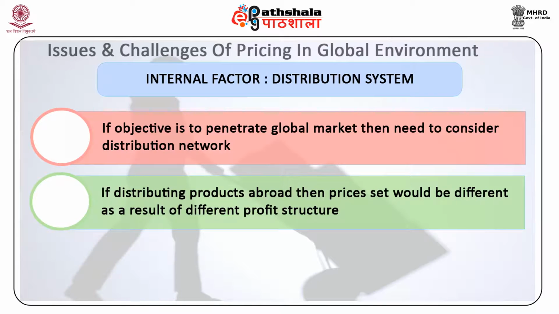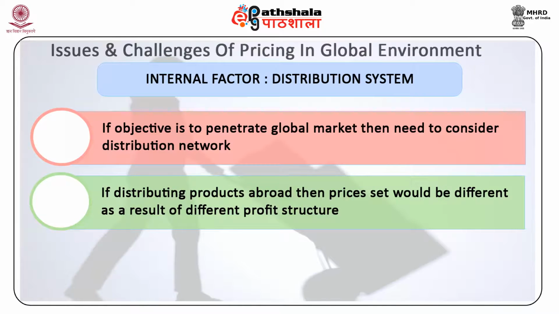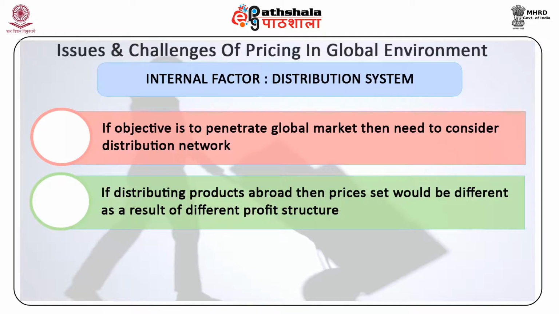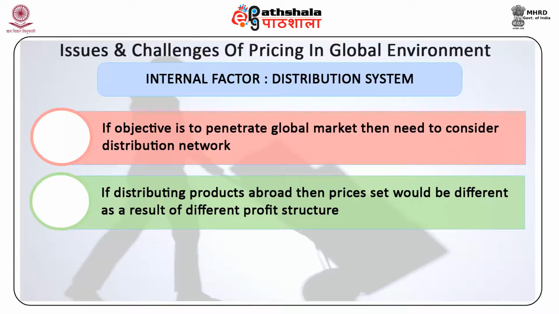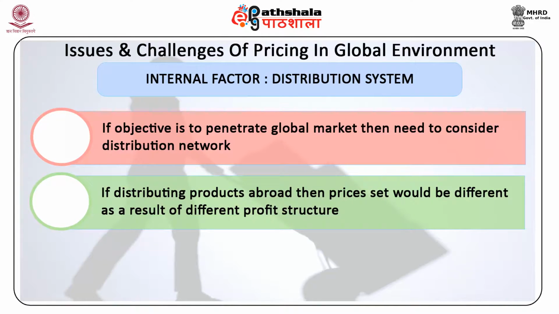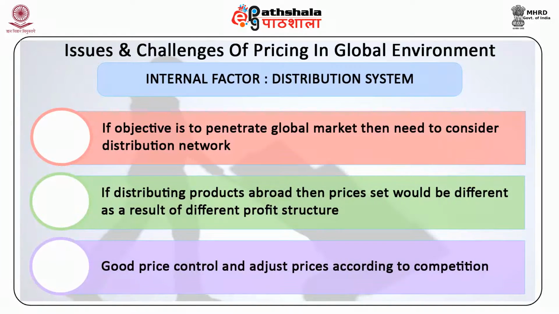If they are distributing their products abroad using franchise licenses rather than selling wholesale to the local distributors, prices set would be different because of their different profit structure. They would have good price control and can adjust prices quickly in response to competition.